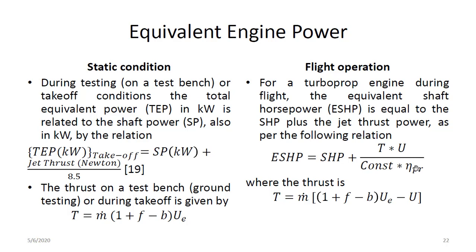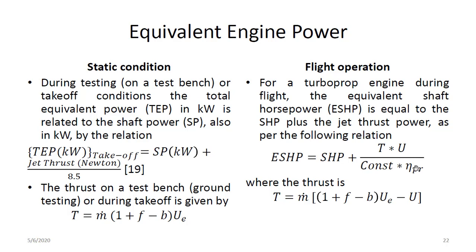On a test bench, at takeoff conditions, the total equivalent power in kilowatts is related to the shaft power, also in kilowatts, and is given by equation 19: total equivalent power at takeoff is equal to the shaft power plus the jet thrust divided by 8.5.